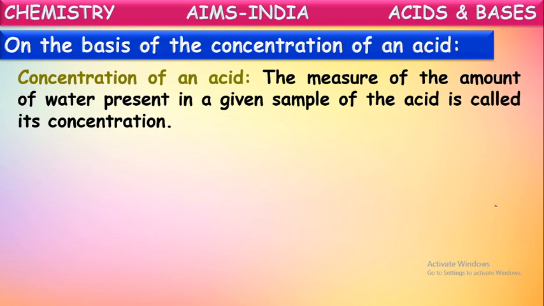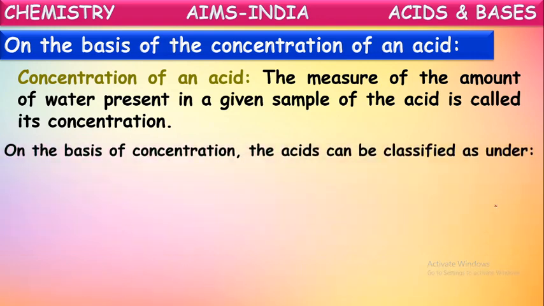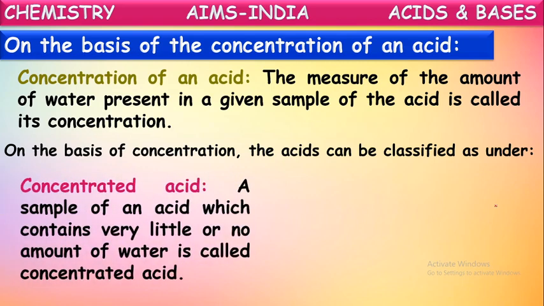Based upon the concentration or the quantity of water present in the sample of acid, these acids are classified into two types again. So on the basis of concentration, acids are classified under two types. One of them is concentrated acids. A sample of an acid which contains very little or no amount of water is called concentrated acid.